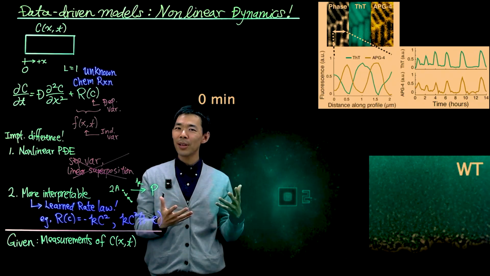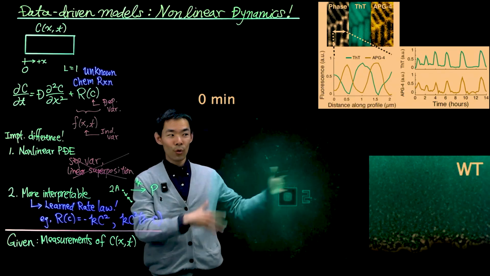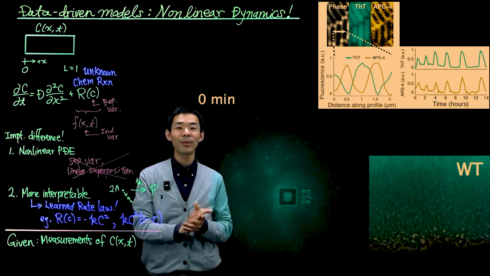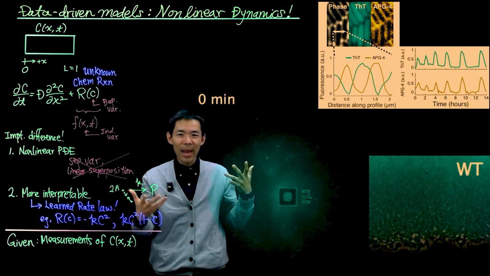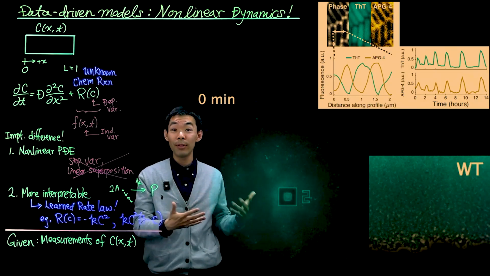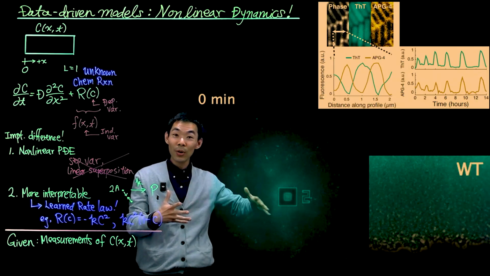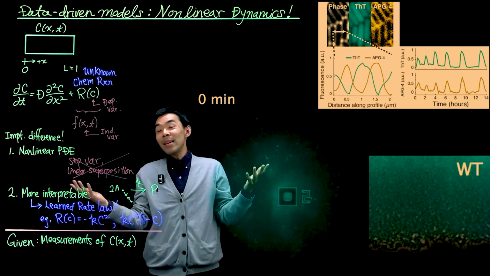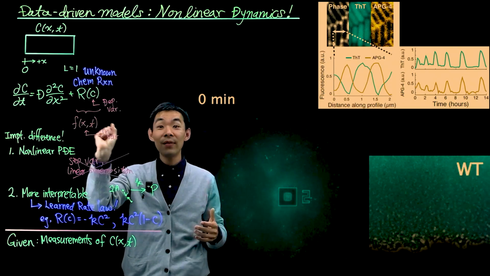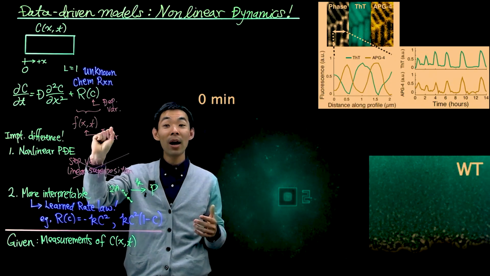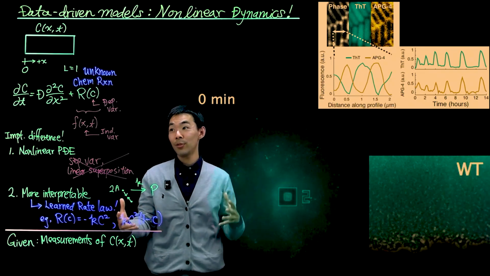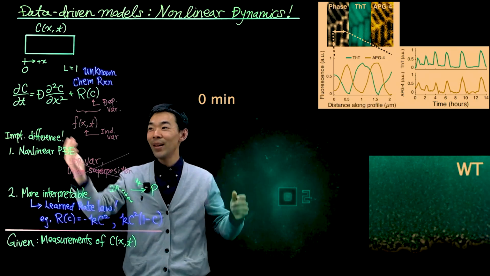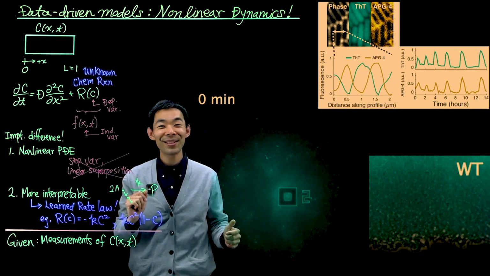You can imagine that if you're an experimentalist who developed this really cool experimental system, you might want to figure out some kind of mechanism of how they communicate with each other, or how the metabolic rate goes up and down. Maybe there might be some kind of diffusion reaction system going on. The bacteria are dividing, growing, and communicating with each other, and there's a diffusion of that chemical species along space.